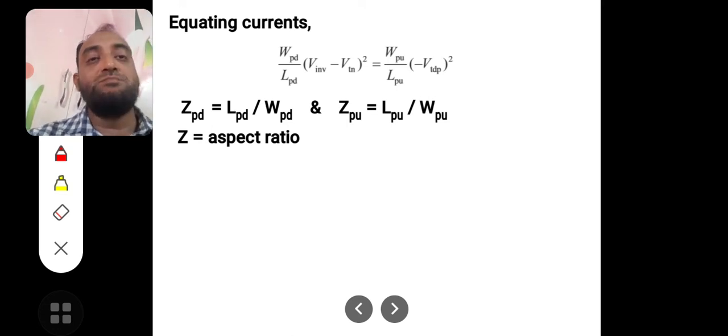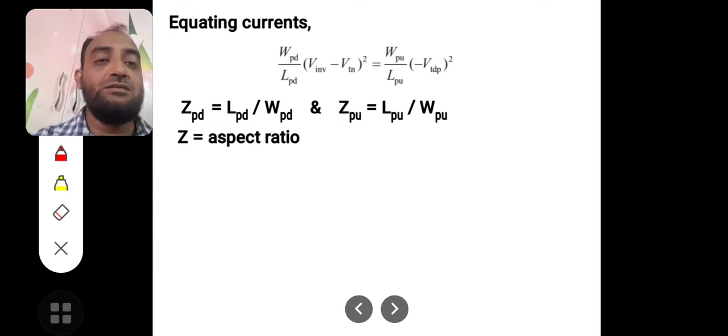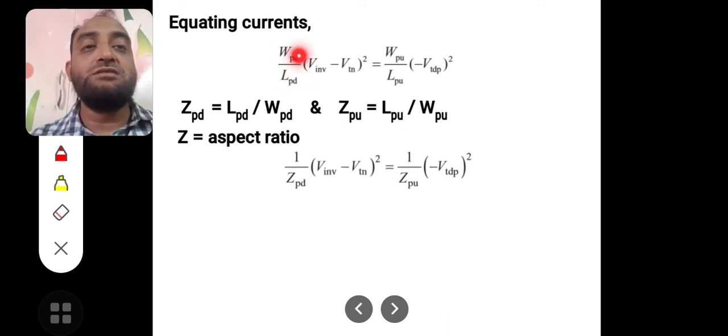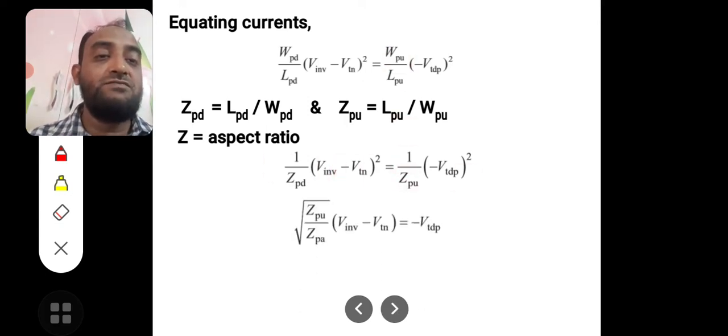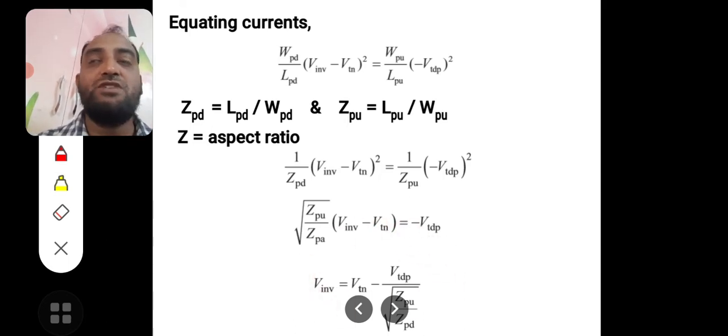So ZPD, the pull down device Z, is equal to L by W, and here also L by W. This Z is called the aspect ratio. Here it becomes 1 by ZPD, here it becomes 1 by ZPU, and the rest is the same. When you equate and simplify, the equation becomes VINV is equal to VTN minus VTD divided by the square root of ZPU by ZPD. This is the simplified equation.